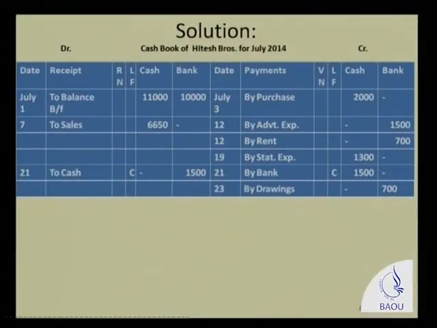Now see the next transaction: daughter's school fees of rupees 700 paid by check from the bank account of the business. Daughter's school fees paid is always a personal expense, and whenever a personal expense is affected, it concerns the drawings account. Because it is paid through bank, it's recorded in the bank column.